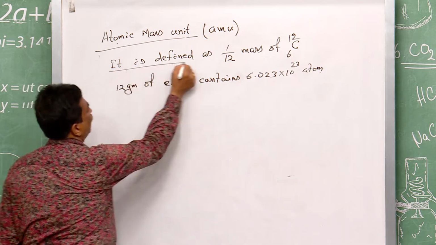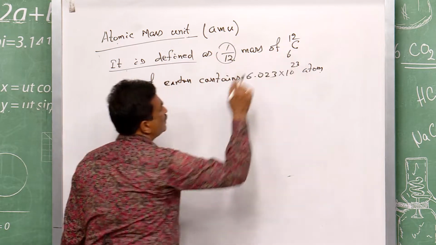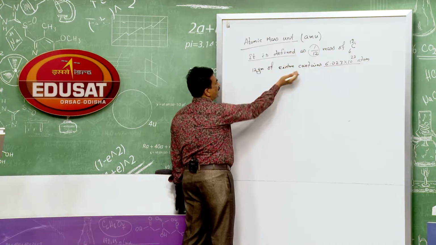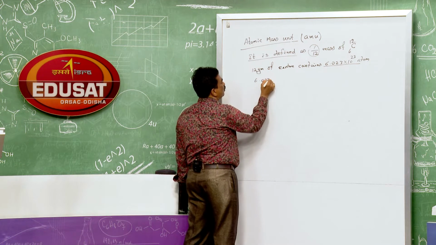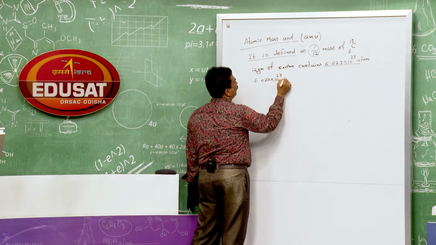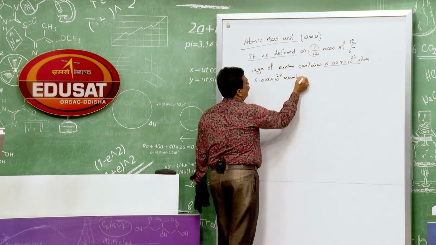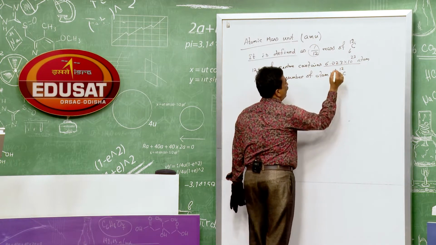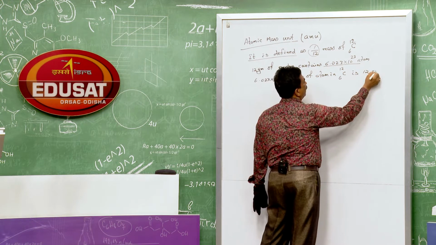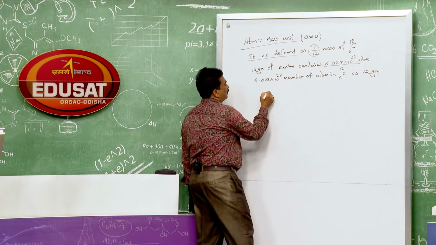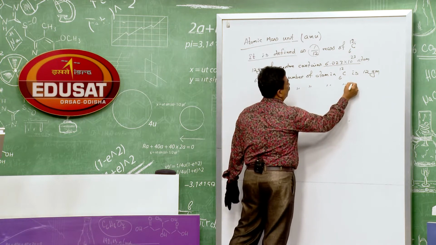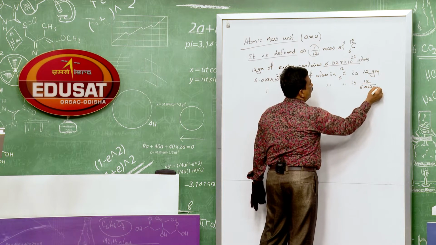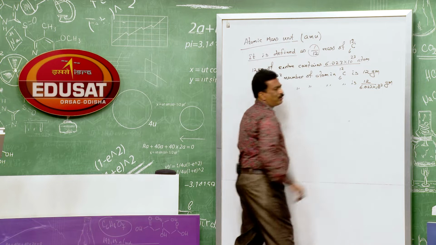Therefore, we said the 1/12th mass of C-12. In carbon you have this number of atoms, so if you reverse it, 6.023 into 10 to the power of 23 atoms in C-12 is 12 gram. So one carbon atom is 12 by 6.023 into 10 to the power of 23 gram.